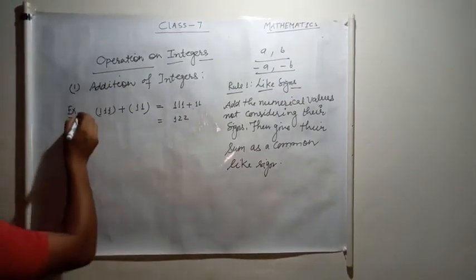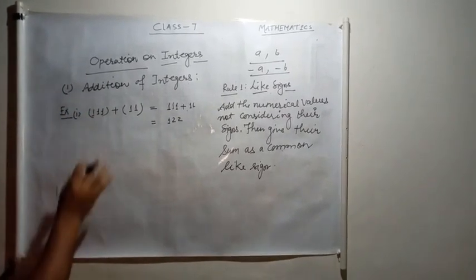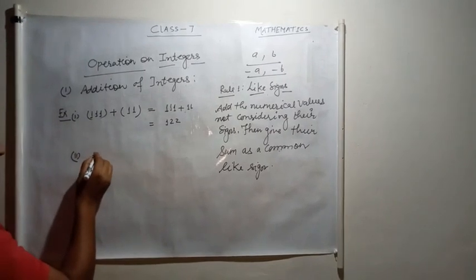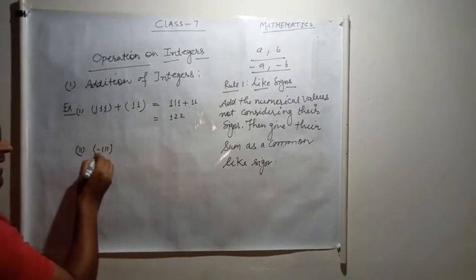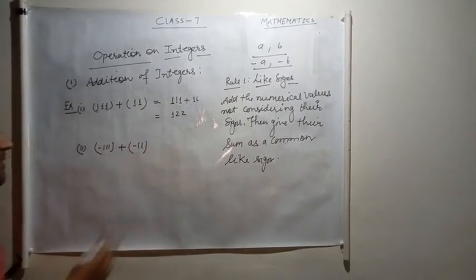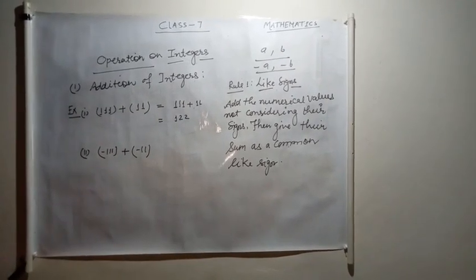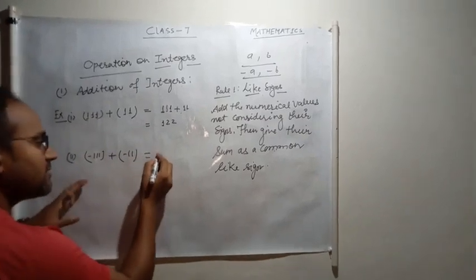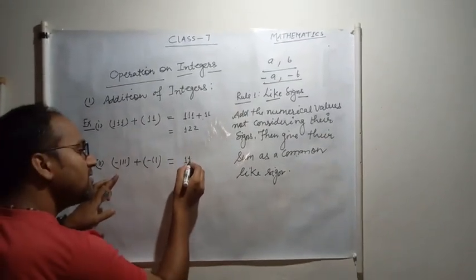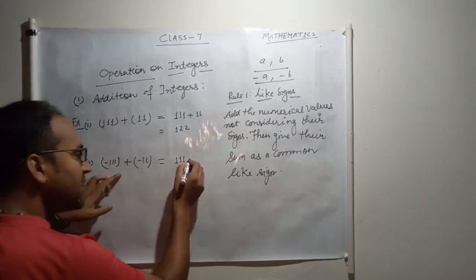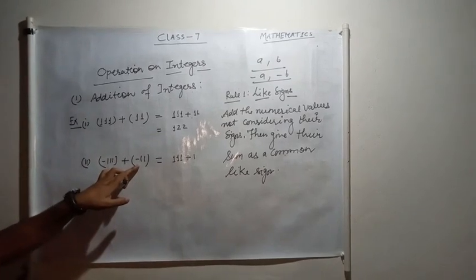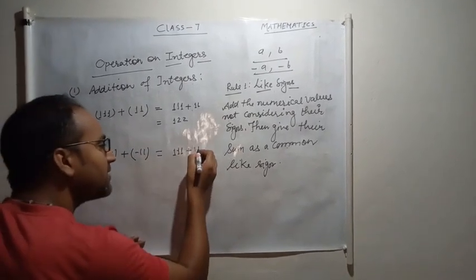Second example: minus 111 plus minus 11. In this case both are negative. Without taking their signs, I take the numerical value of minus 111, which is 111, plus the numerical value of minus 11, which is 11.